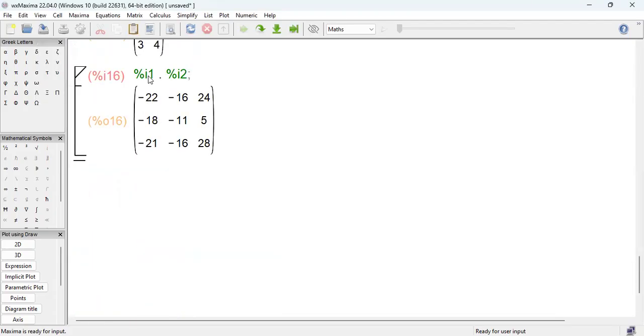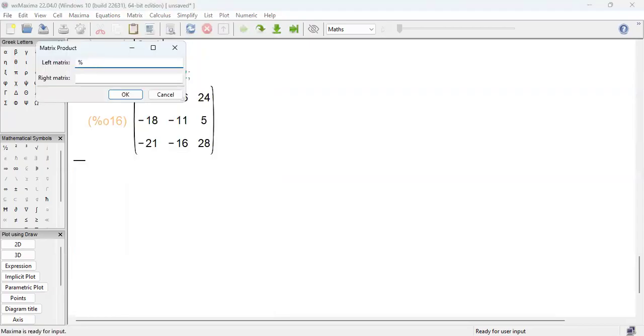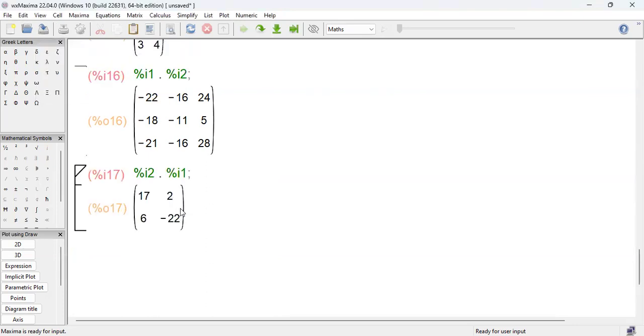So you're multiplying input 1 by input 2. And you can go back, multiply matrices, then now multiply input 2 by input 1. Then OK. Is it clear now? Yes, thank you. Okay.